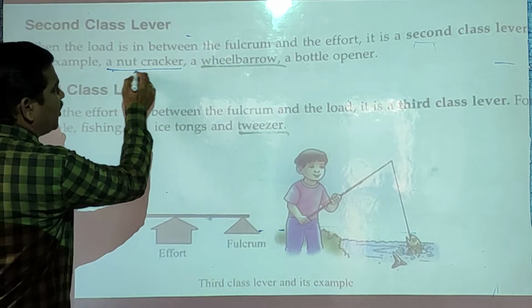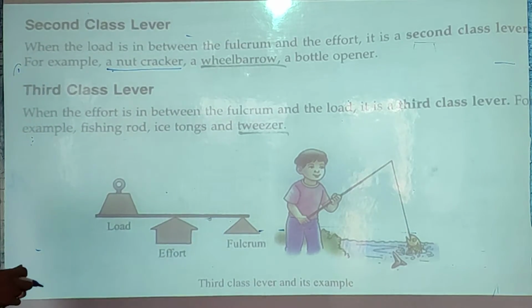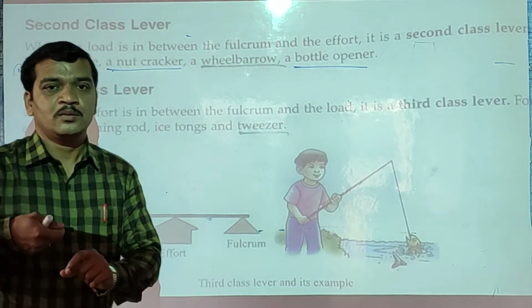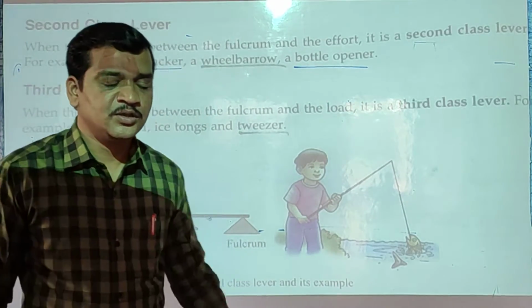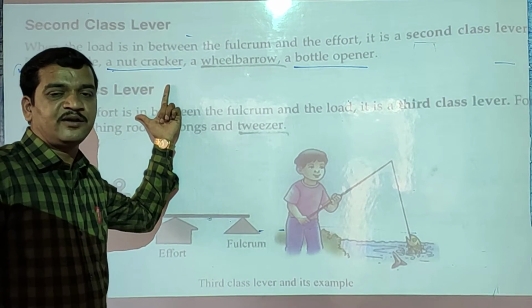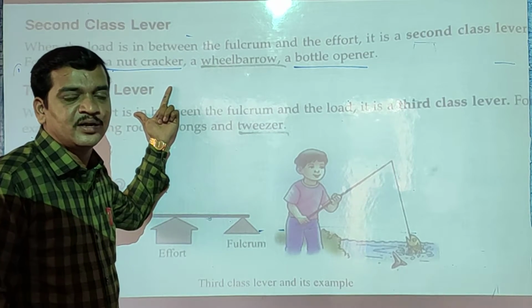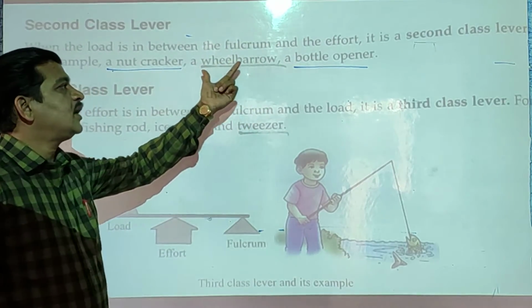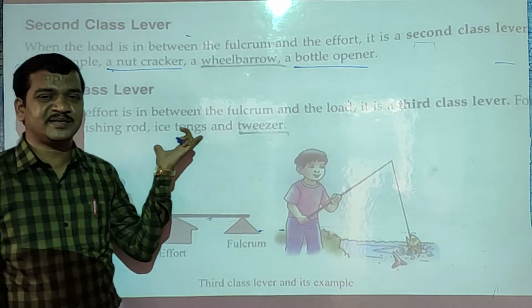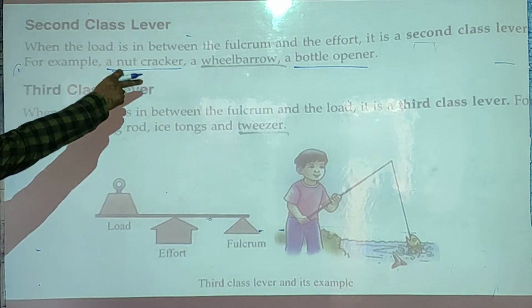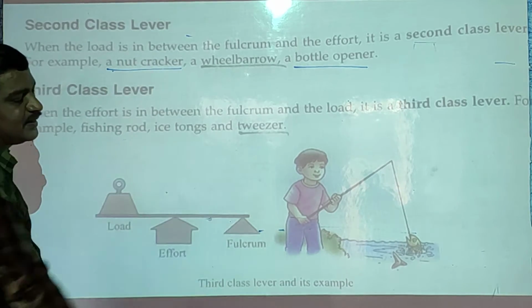So these are examples of the second class lever: wheelbarrow, and a bottle opener also. Do you know bottle opener? Yes. So these three examples you can keep in mind, from the second class lever: a bottle opener, a nutcracker and a wheelbarrow. These are simple tools you can use at home.